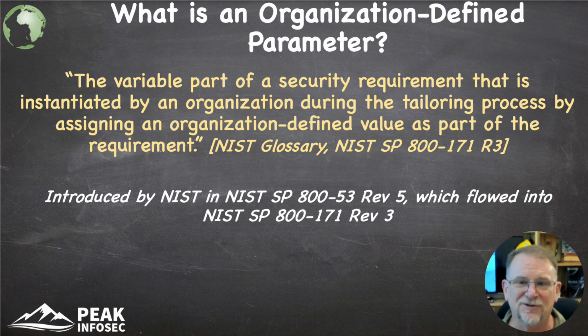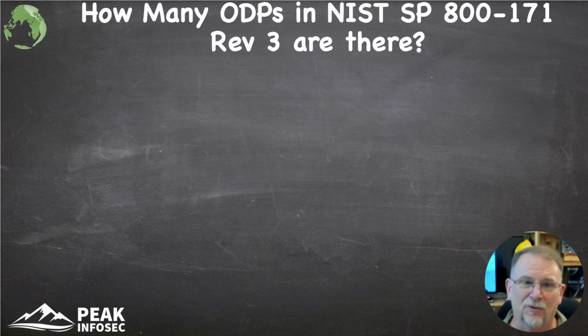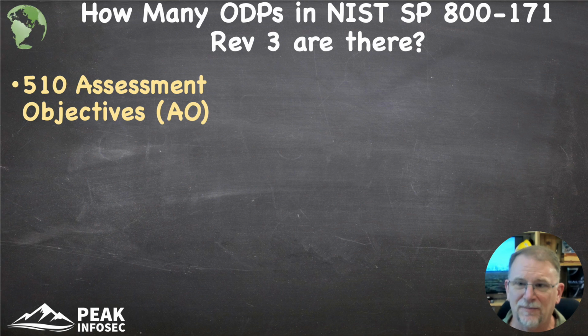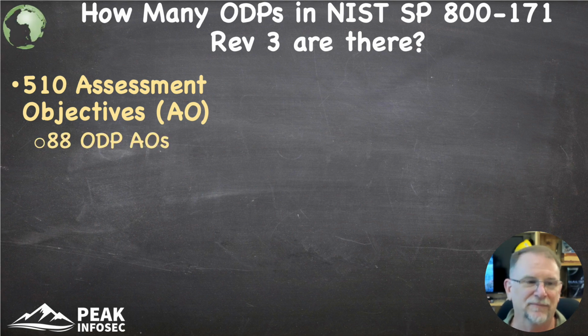Now, the next question you're going to ask is, how many are there? Well, let's talk about 800-171 Rev 3. There are 510 assessment objectives. Okay, right there was the CMMC seven stages of grief, so don't panic. Maybe panic a wee bit.